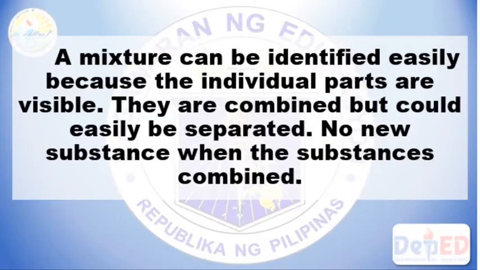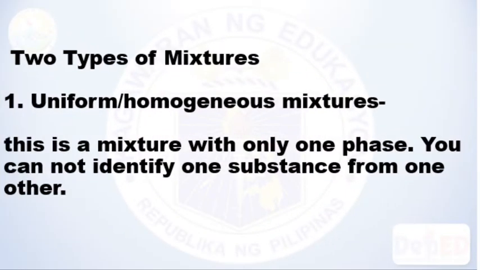Remember that a mixture can be identified easily because the individual parts are visible. They are combined but could easily be separated. No new substances are formed when they are combined. Now, there are two types of mixtures.